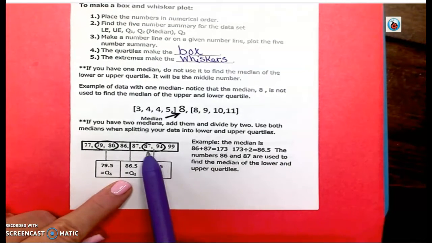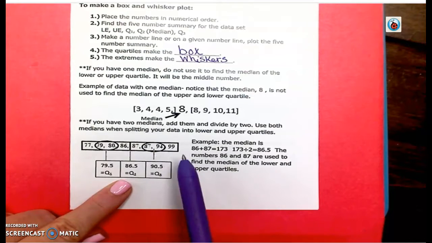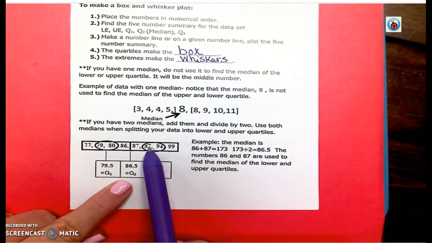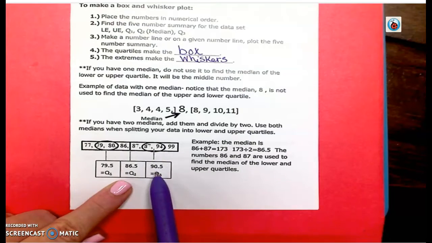Here, 87 and 94 are in the middle. Since you have 2 numbers, you can add the 2 numbers together. 87 plus 94, divide by 2, and that would give you 90 and a half for quartile 3, your upper quartile. All right, so let's move to the inside.